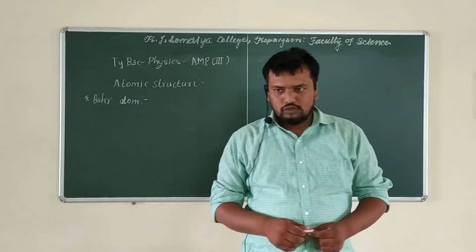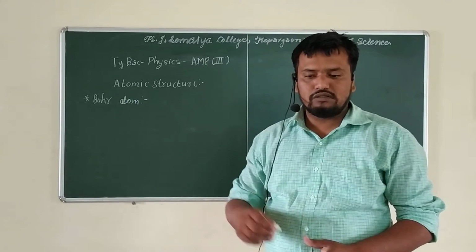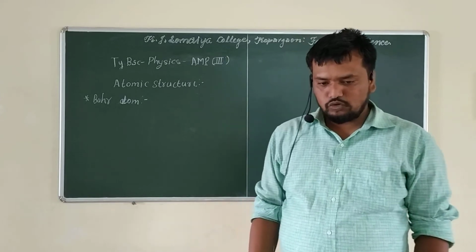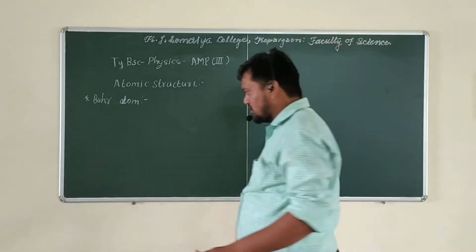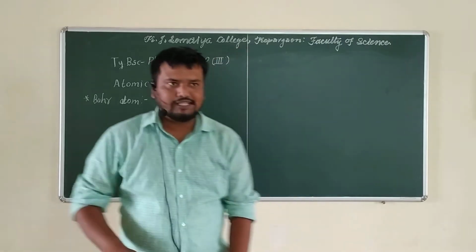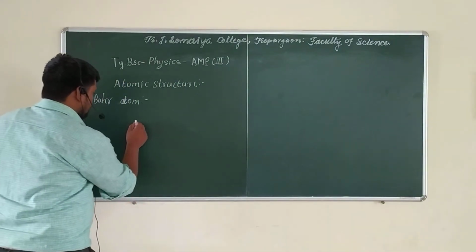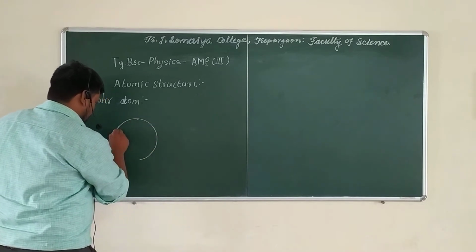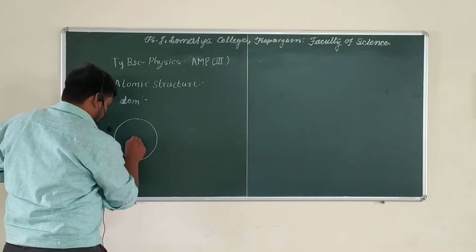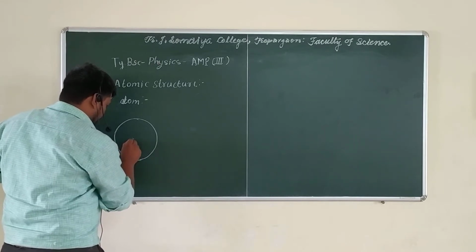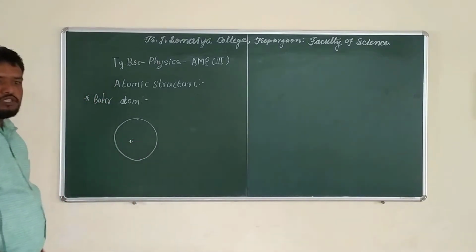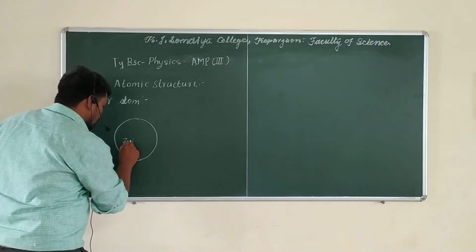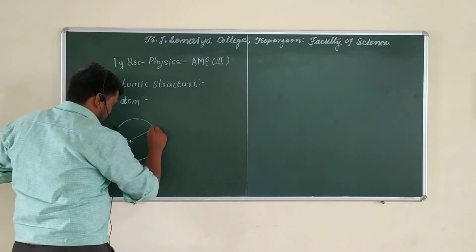We are going to see the three postulates of the Bohr atom, starting with the Bohr circular orbit. Consider a positive charge nucleus, with proton P having positive charge Ze.